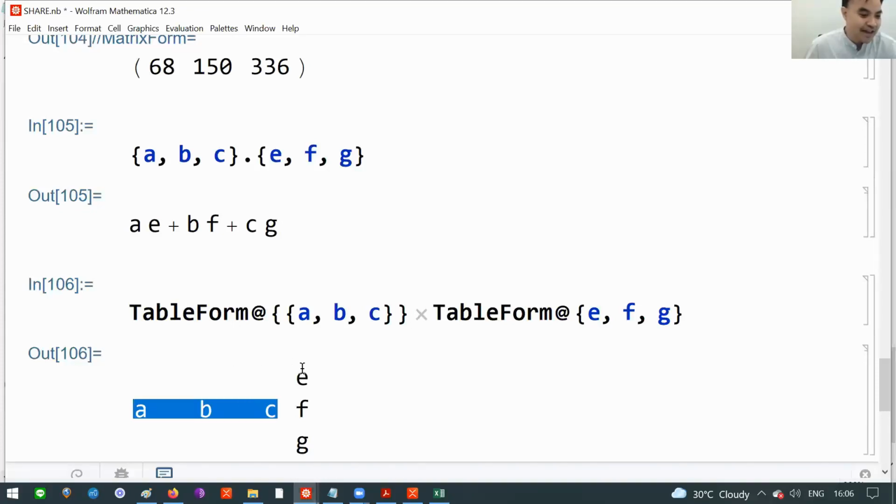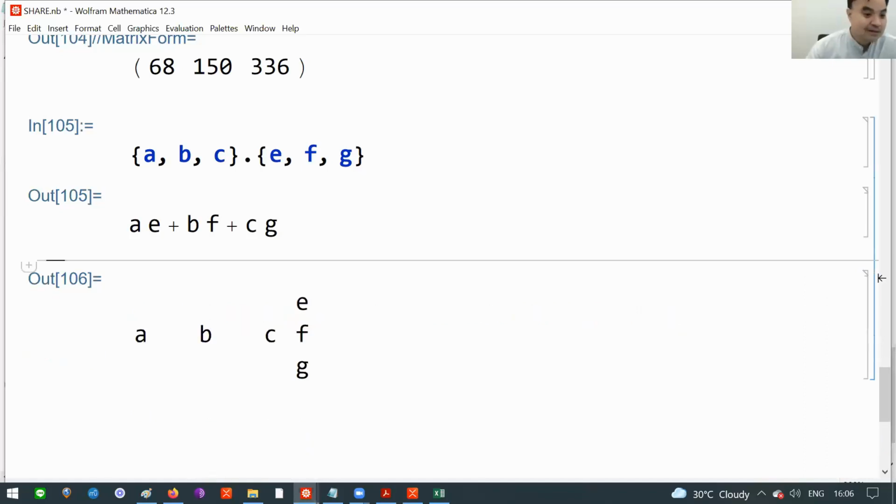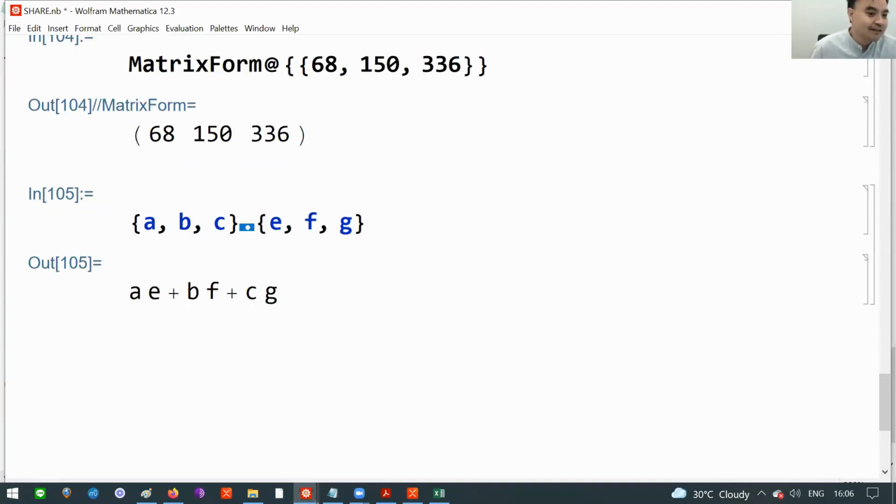It's like you have A as a row, A times E plus B times F plus C times G. It's like that, okay? But in programming, if you work with vectors of 100, it would take forever, right? So what they do is just this, dot.